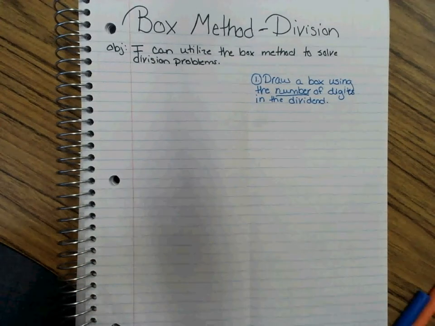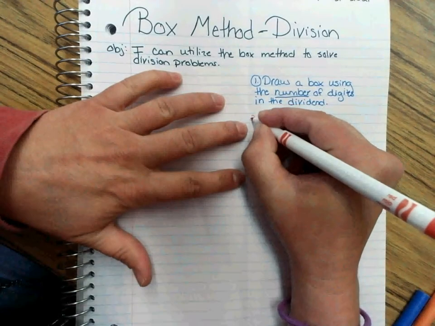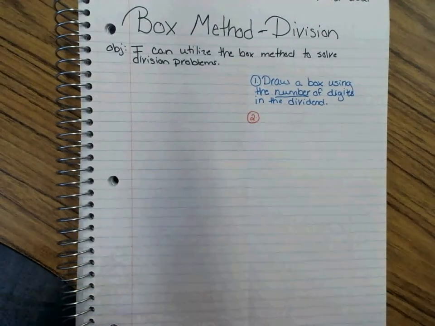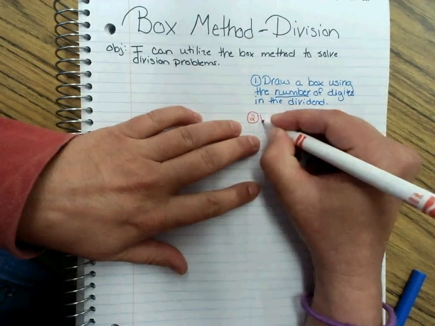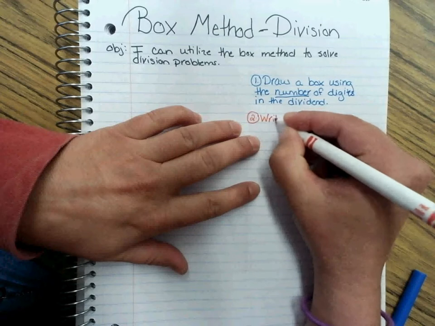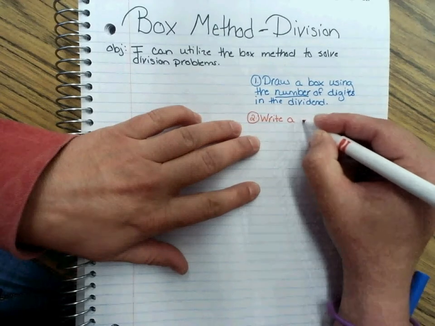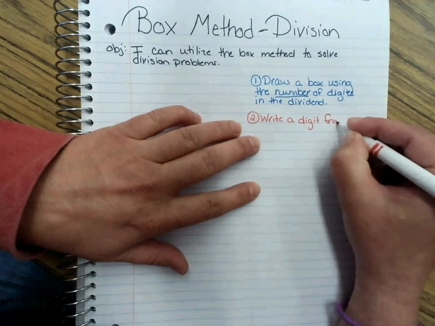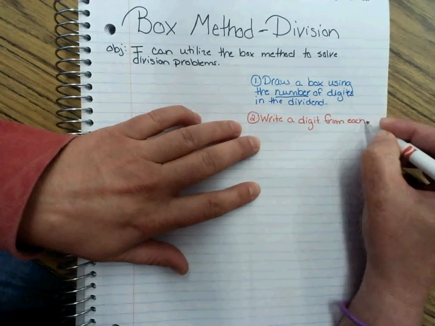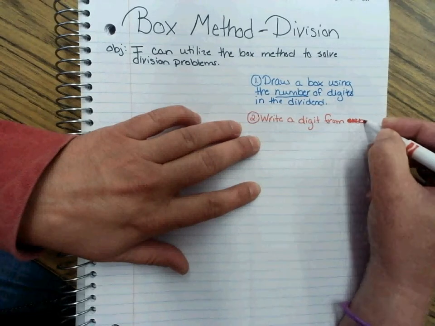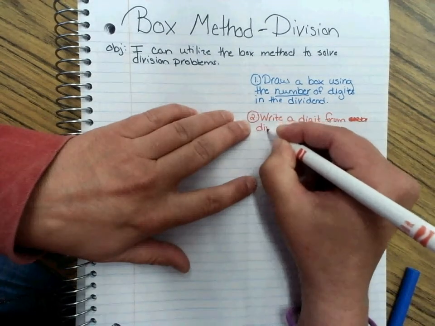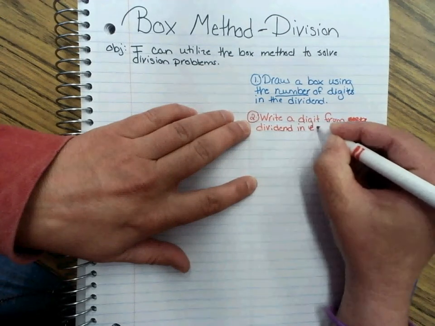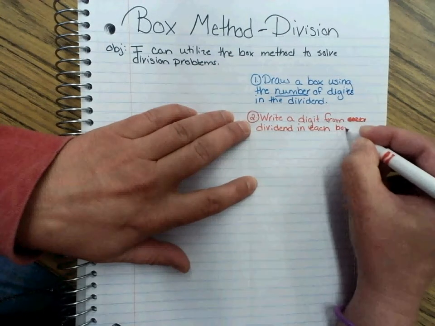Okay, here we go. Step 2. Write a digit from the dividend in each box.